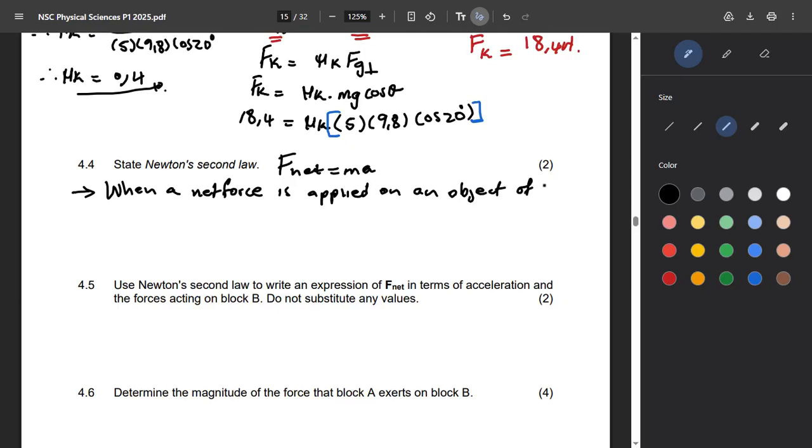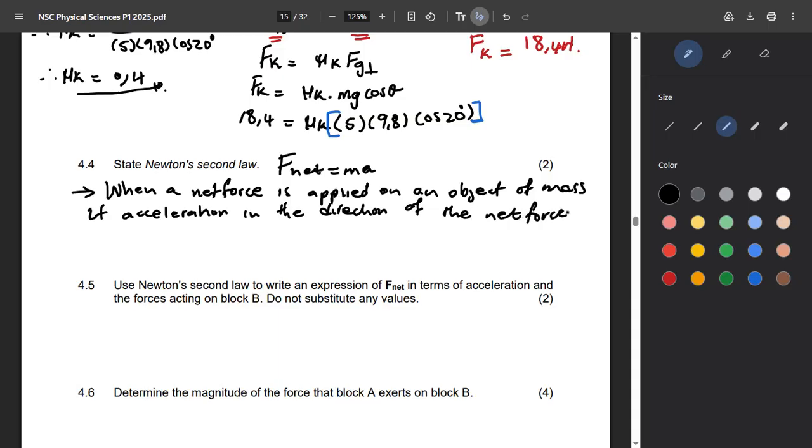Let's say the object that has a mass, we're saying that it accelerates in the direction of the net force.